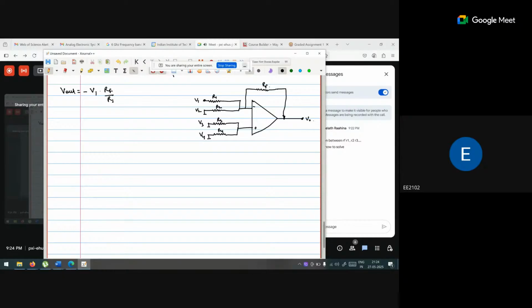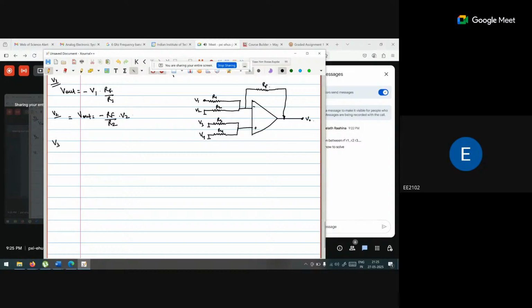Okay. Now if we consider the V2 voltage, the equation is again the same. V out is minus RF by R2 into V2.